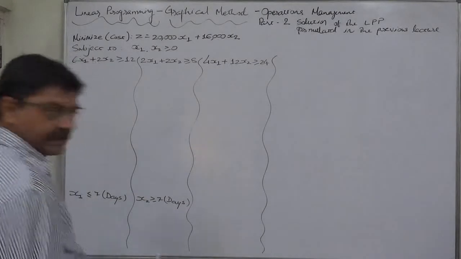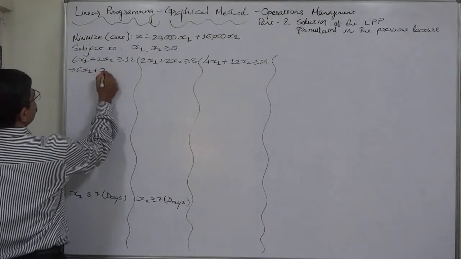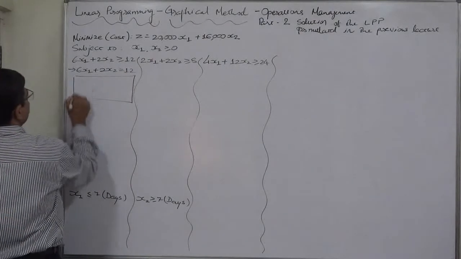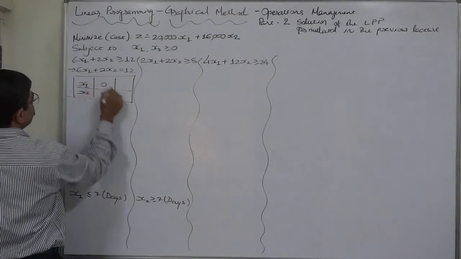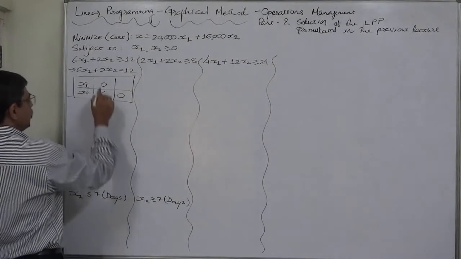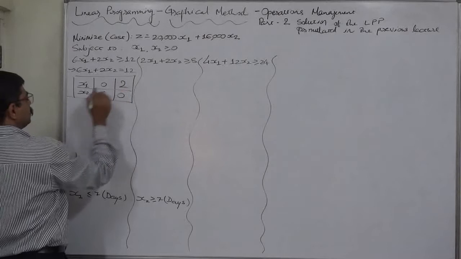Let's first simplify them. The equation will be 6x1 plus 2x2 equals 12. Two points to draw the straight line of this equation: if x1 is 0, then 2x2 equals 12, so x2 is 6. If x2 is 0, 6x1 equals 12, so x1 is 2.